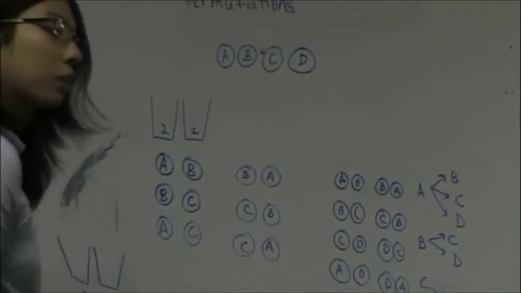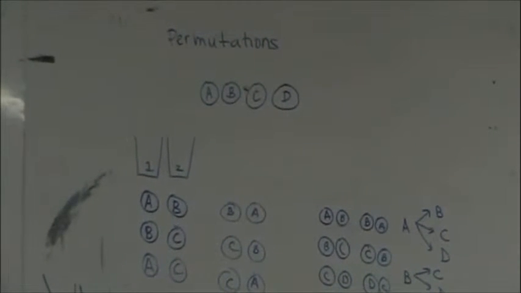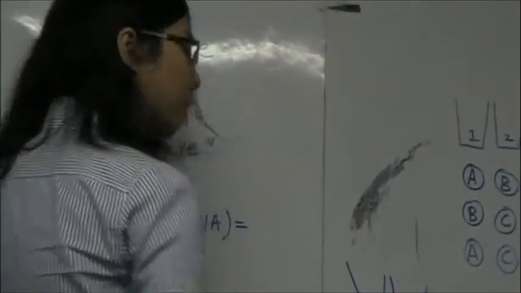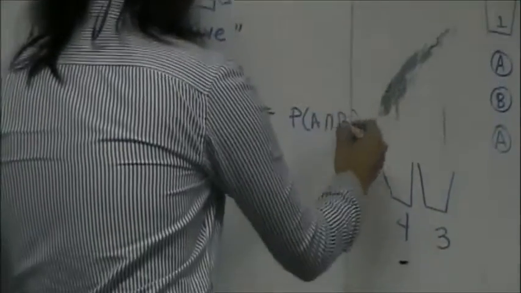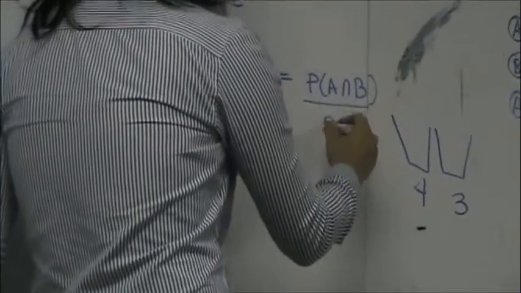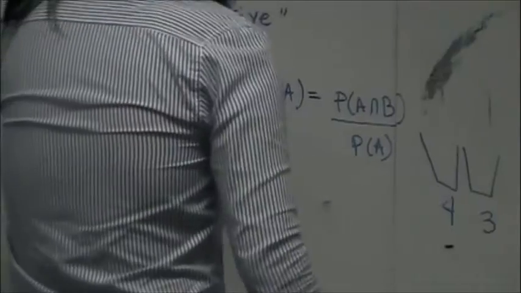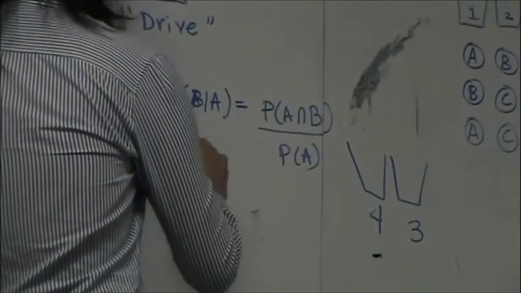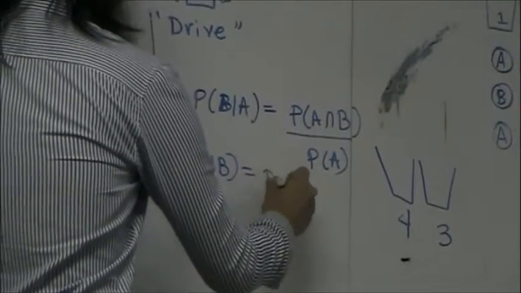But what did we learn from probability way back then? From the definition of B given A. And what is that equal to? That's equal to the intersection of the 2 over PA. And if you try to relocate the PA, I'll just put this on the other side so it's much easier to see.